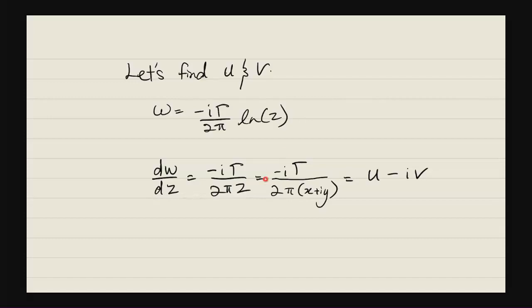So I'm going to split up my imaginary and real terms. I'm going to multiply the top and bottom of this term by the complex conjugate, x minus iy. So I'm going to get negative i gamma over 2 pi times x minus iy over x plus iy times x minus iy.